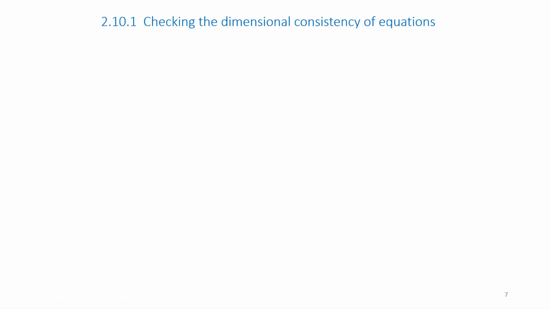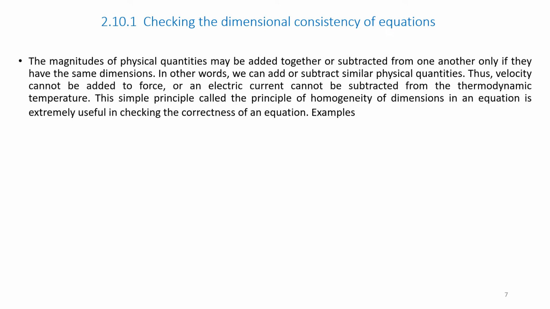Checking the dimensional consistency of equations. The magnitudes of physical quantities, like length, mass and time, may be added together or subtracted from one another if and only if they have the same dimensions.